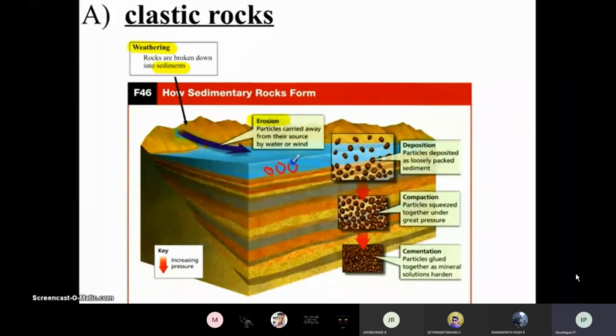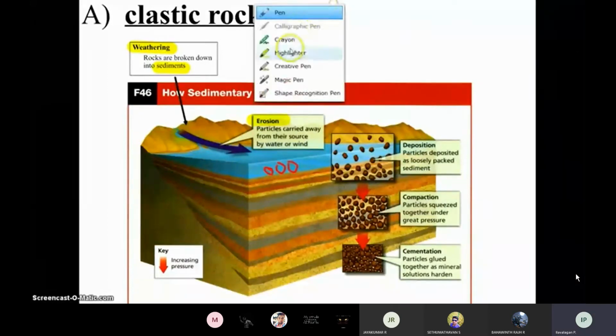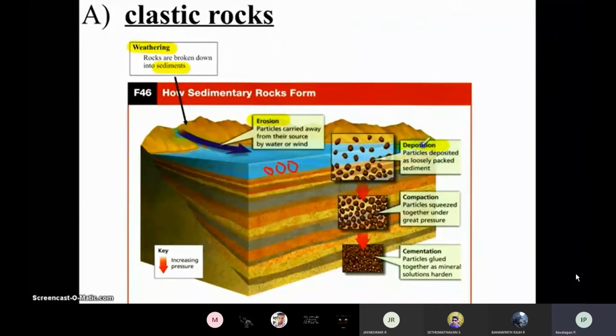So that third step is called deposition, and that is when the particles become deposited, usually at the bottom of water. Now, over time, layer upon layer of sediments will squeeze down. They'll put pressure on the layers below them. And that pressure causes the sediments to become compacted.